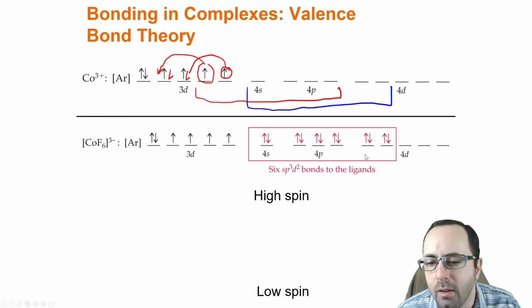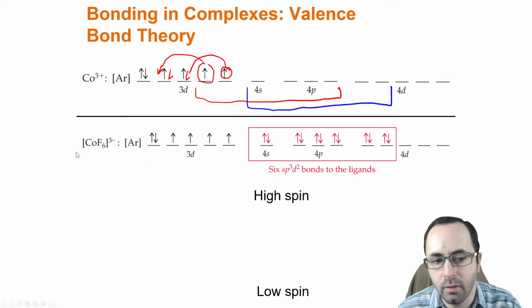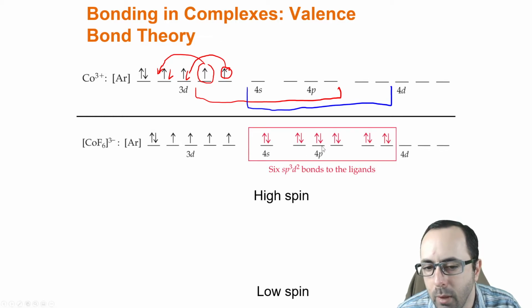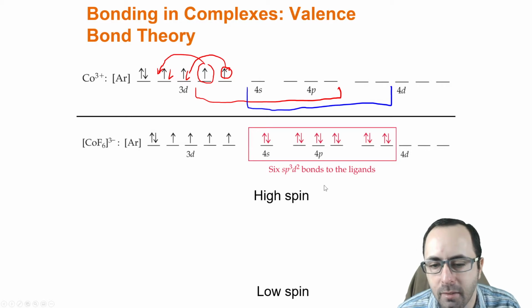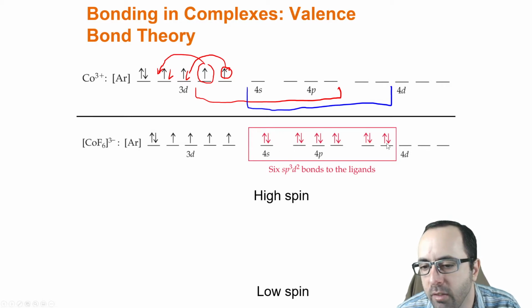And so if the higher energy d orbital is used, here is this one that I outlined in blue, and again, there are 6 ligands now, CoF6. We can get what's known as the high spin complex here, which involves the hybridization of the higher energy d orbitals.